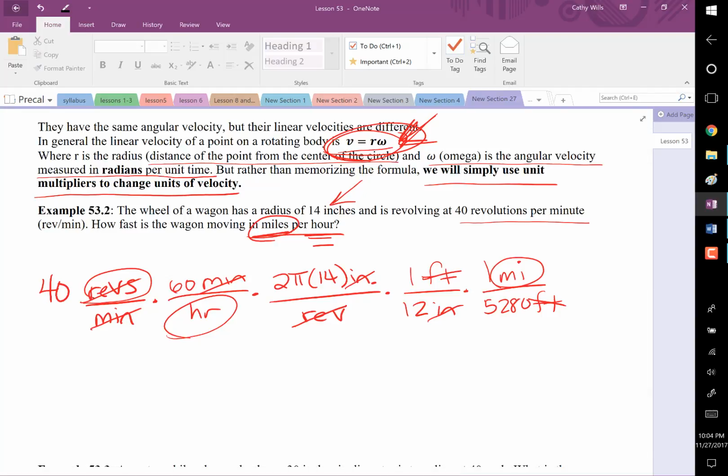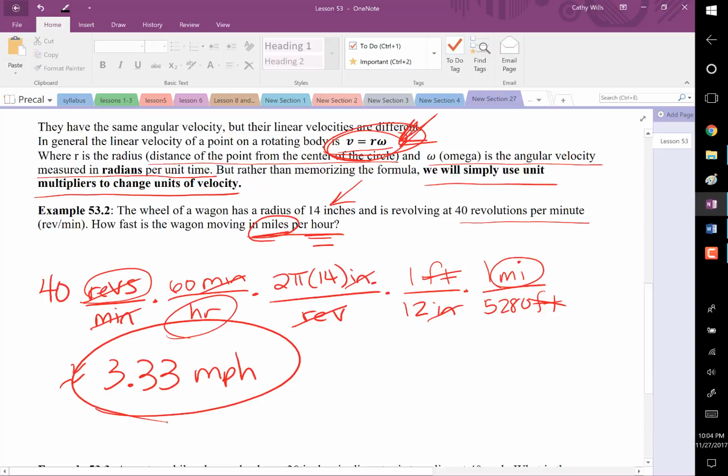All right, so we can multiply this all out. 40 times 60 times 2 times pi times 14 divided by 12 divided by 5,280, and that's about 3.33 miles per hour.